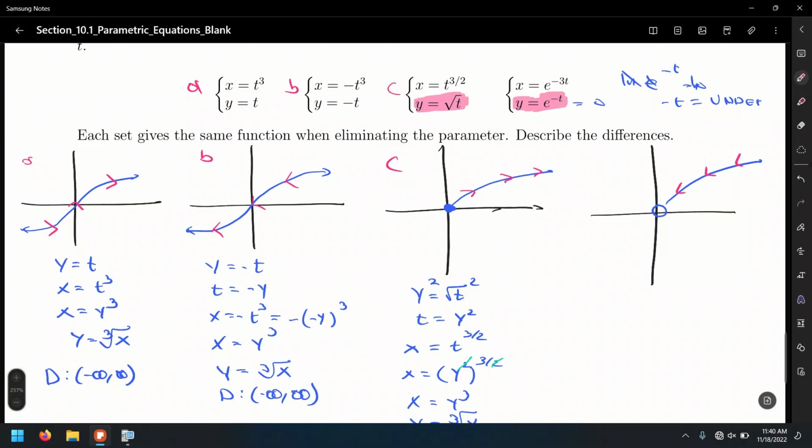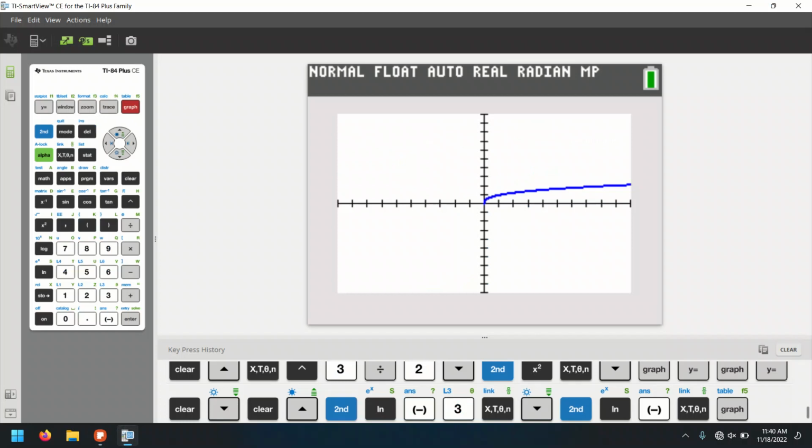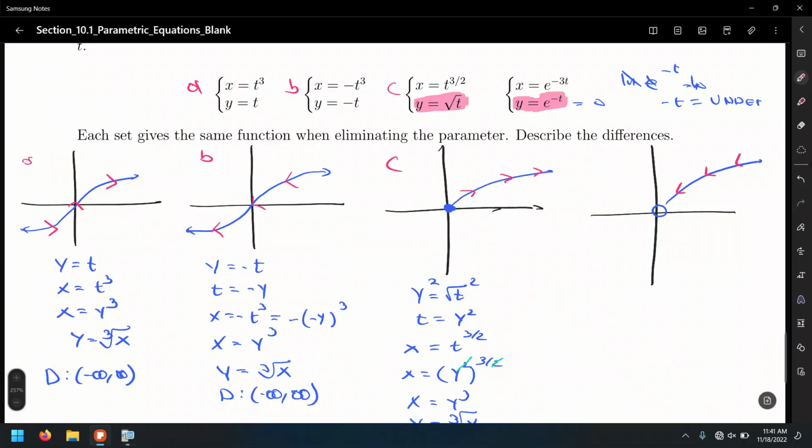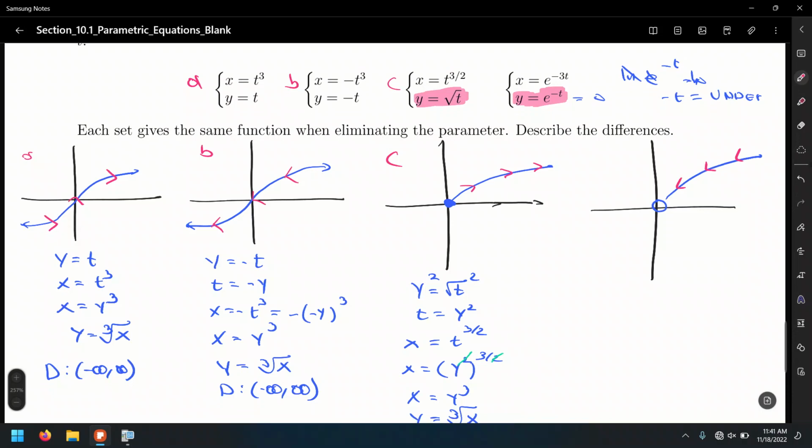We need to have in mind all our knowledge of asymptotes and discontinuities, in particular the hole discontinuities, because check this out. Do you see the hole in the origin in the graphing calculator? It's not there. Here is where we use our knowledge of how these transcendental functions behave, and in particular the fact that e to the t is never ever 0.